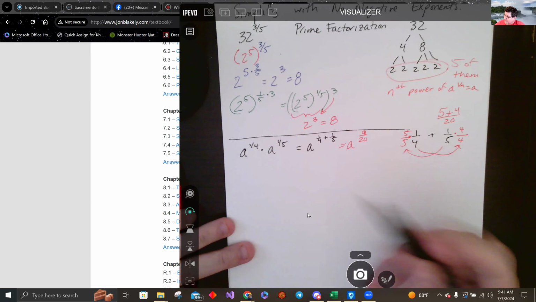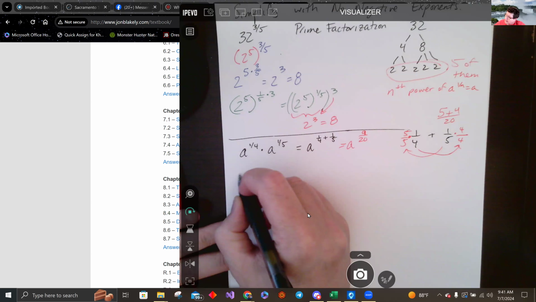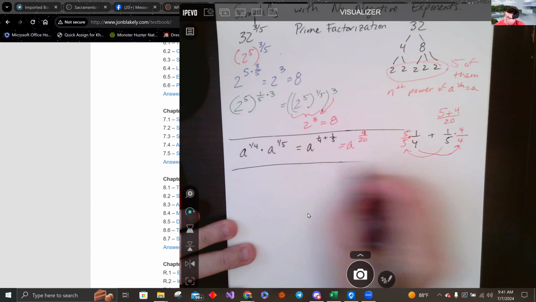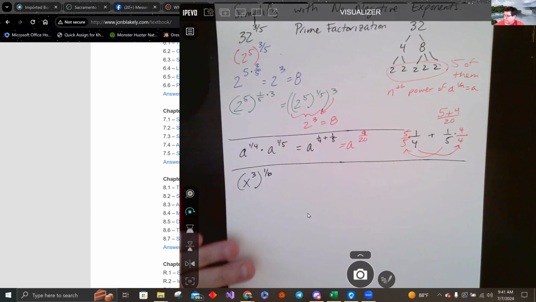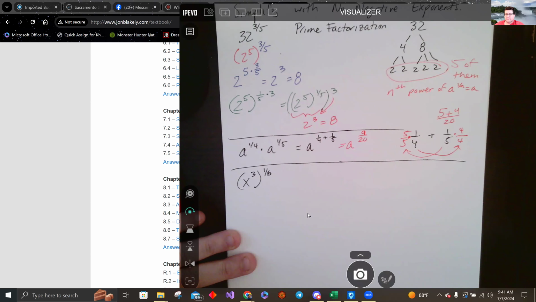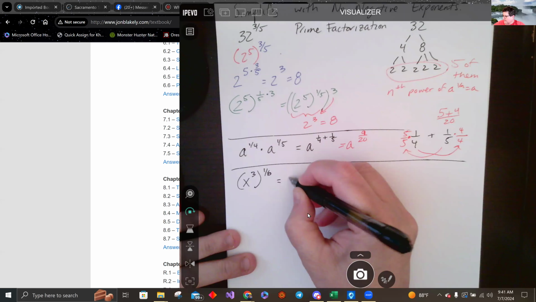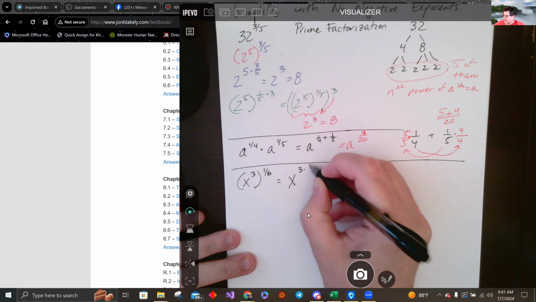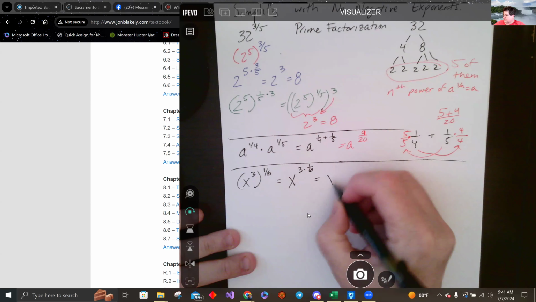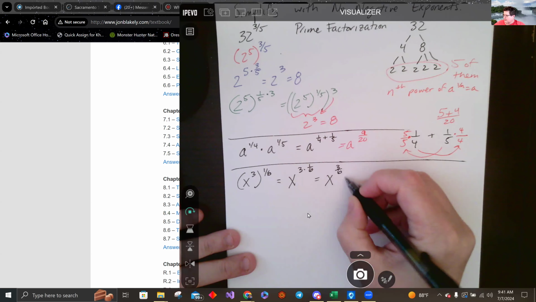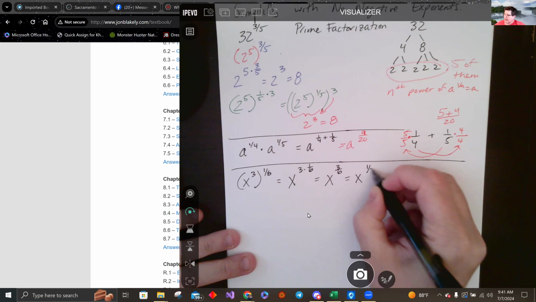Some more simplifying. We've got x cubed, and we're going to raise it to the 1/6 power. So here we multiply exponents, and we get x to the 3/6, which simplifies to x to the 1/2.